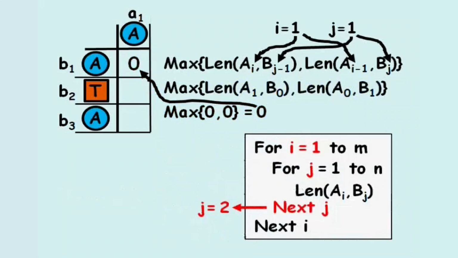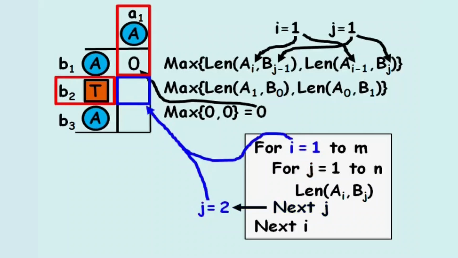Next in the algorithm, we'll increment j to equal 2, which means we'll next evaluate the cell for i equals 1, j equals 2 in the table. For this cell, adenine, A1, does match with thymine, B2.